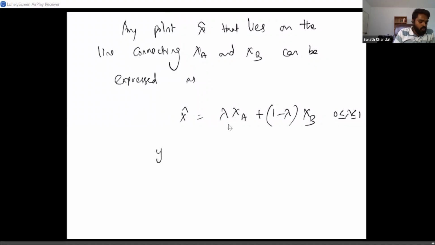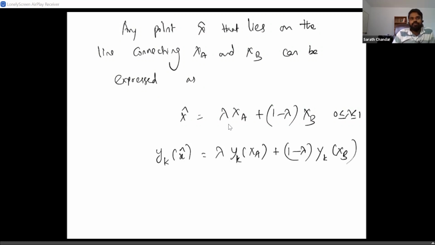Now, if I do yk of x hat, that's going to be equal to lambda times yk of xa plus 1 minus lambda times yk of xb. This is by linearity of the discriminant. We are dealing with linear discriminant functions, so you can just directly apply y inside.